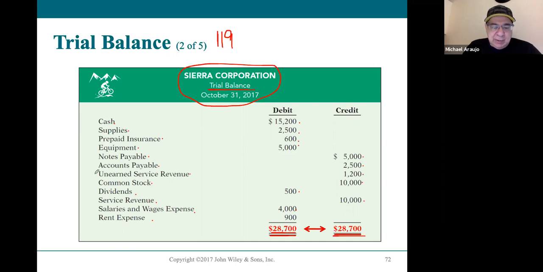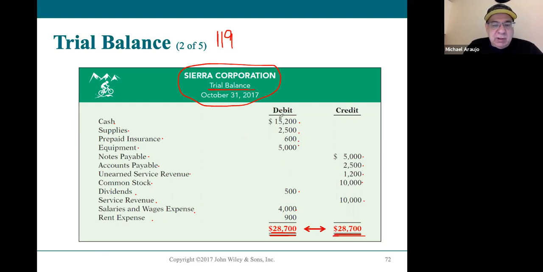You're just looking at the ledger, making sure you have these accounts in the proper order that they would be in the ledger, making sure the balances are in the right spot, the debit side or the credit side, adding them up, and they should equal. If they don't equal, you might have made a boo-boo. You might have put a balance in the wrong column.